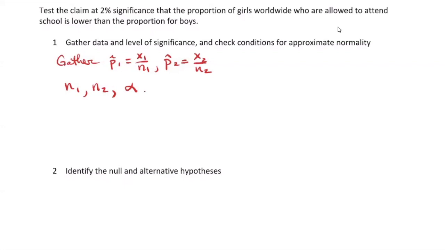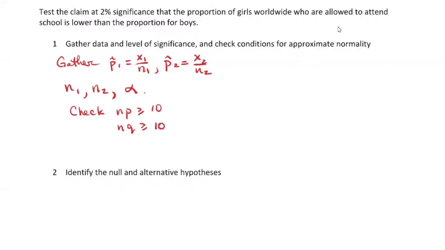And you'll also need to check, now just for a moment, I'll be erasing this, but we used to say NP at least 10 and NQ at least 10, okay?